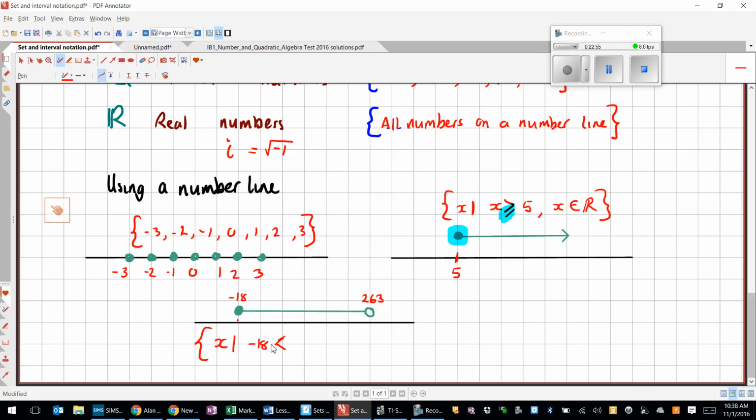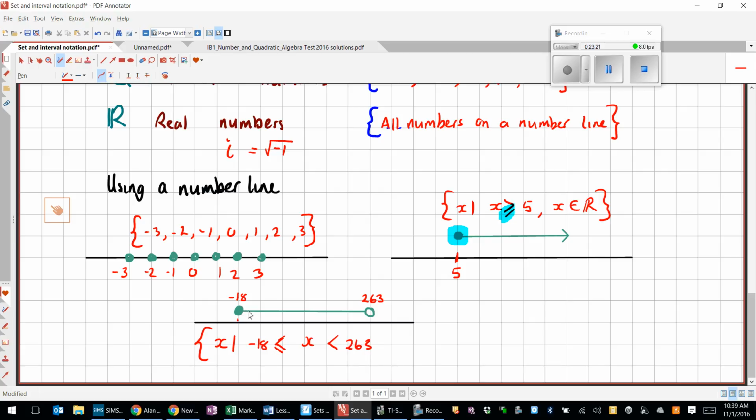So if I put my arrows always that way round, okay, put the x in the middle, and I put minus 18 to 263, but I've got to be aware that that one's filled in, so therefore I must have the "and equal to", right? So I've got x can be anything between minus 18 and 263. There's no gaps in that because I have a solid line.